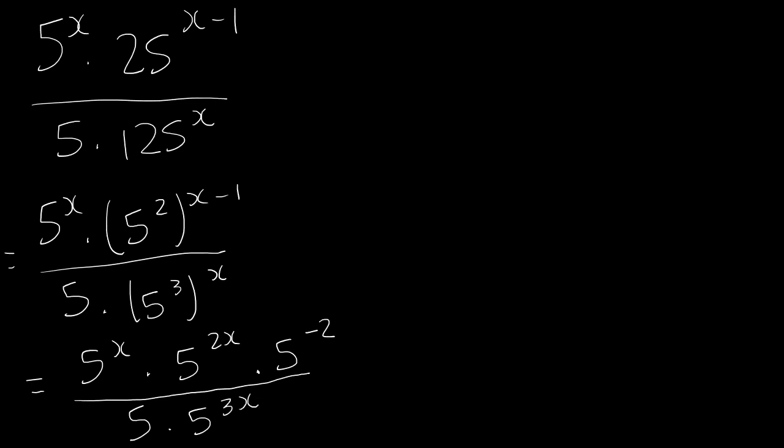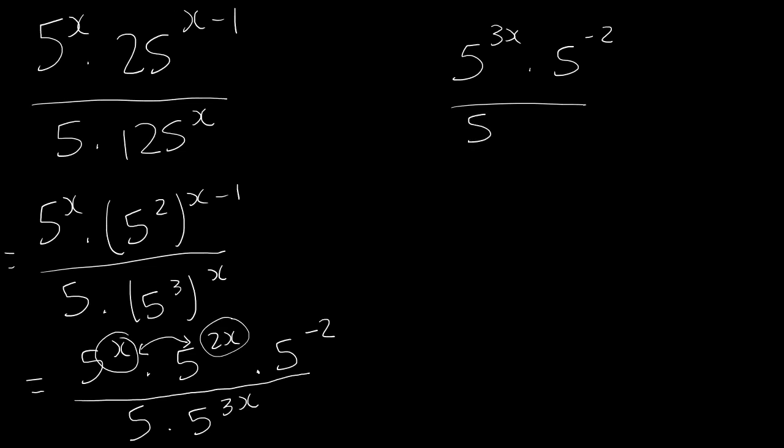Now we can clearly see that these two can be combined to give us the 3x, because when the bases are the same and they're being multiplied, we add the exponents. So the x plus the 2x will give me my 3x. So let's rewrite that down. So we have 5^(3x) times 5^(-2) all over 5 times 5^(3x).